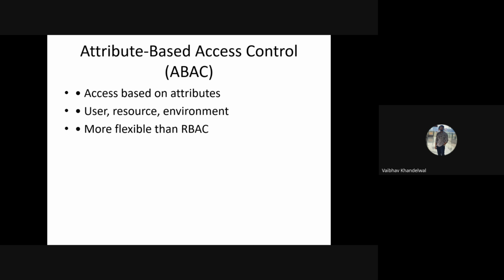For example, allow access only during office hours from the company network. You can access that particular file only from your company's Wi-Fi, in the company premises, connected to the office Wi-Fi and in office hours. That is attribute-based access control.